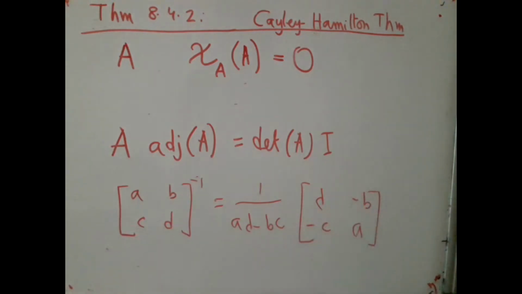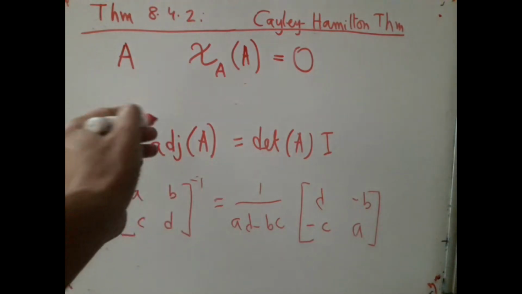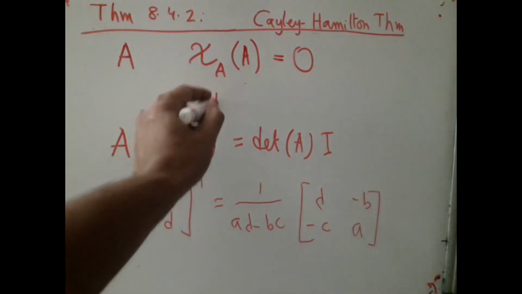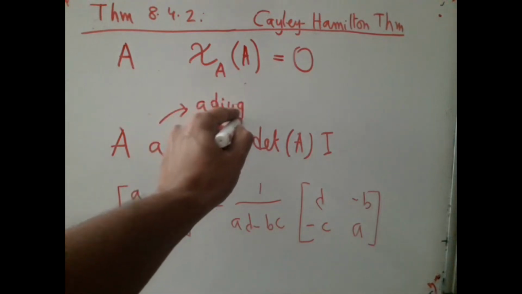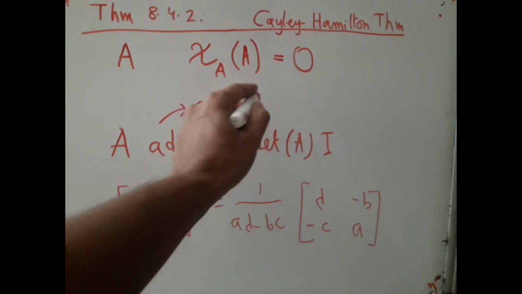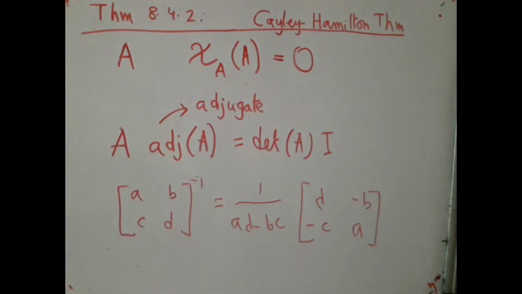What we are doing here is basically computing what is called the adjugate. Sometimes it is called the adjoint, but that terminology is deprecated, not used anymore. We call it adjugate. So, adjugate of this matrix is this. Now, what does adjugate do?